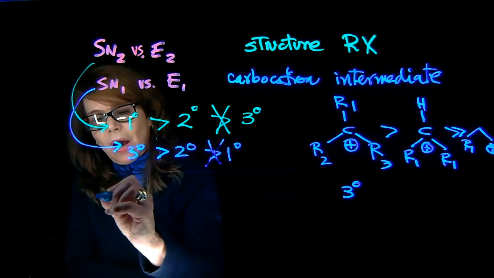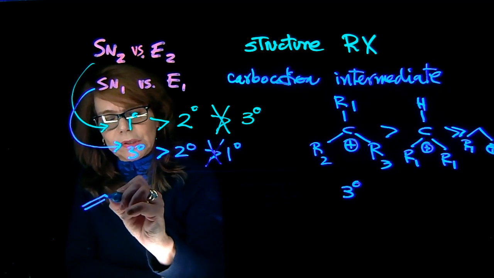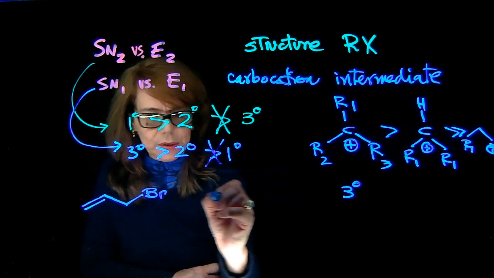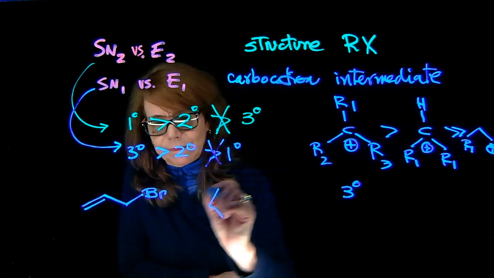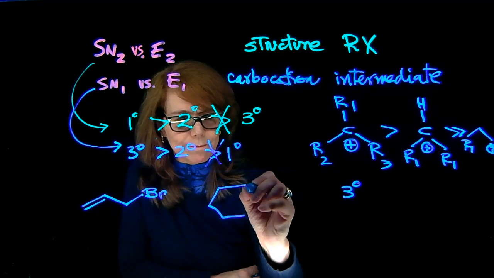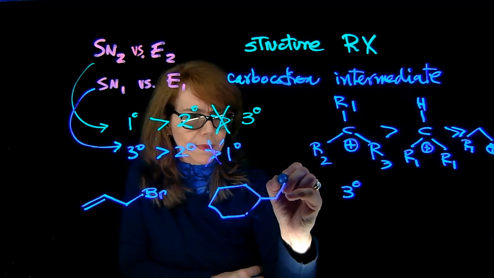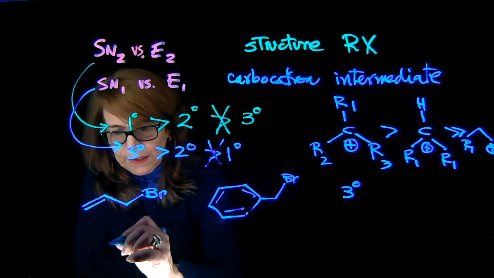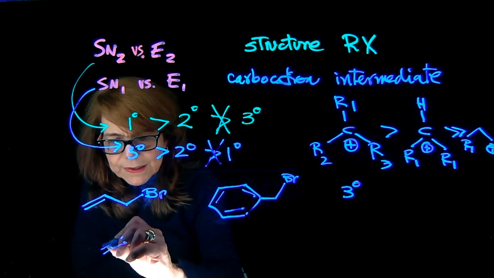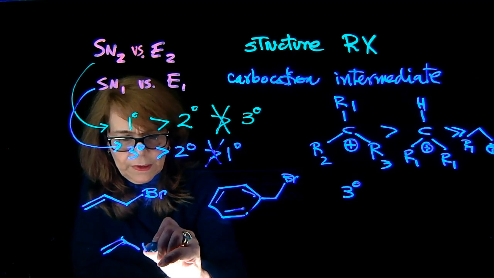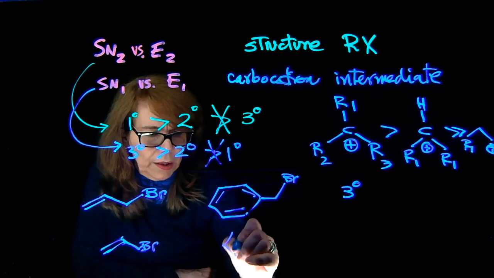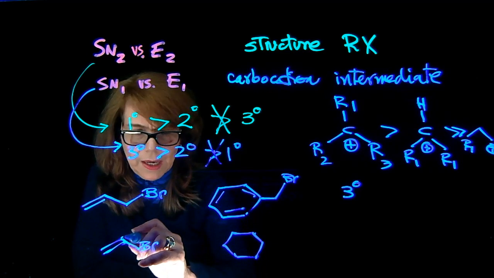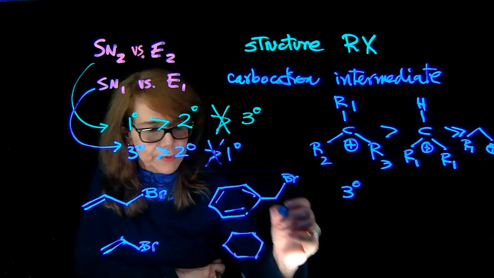So these are other substrates such as, say, this one, which is allyl bromide. This is benzyl bromide. And let's contrast that to this. Now notice that here the leaving group is directly attached to an sp2 carbon.